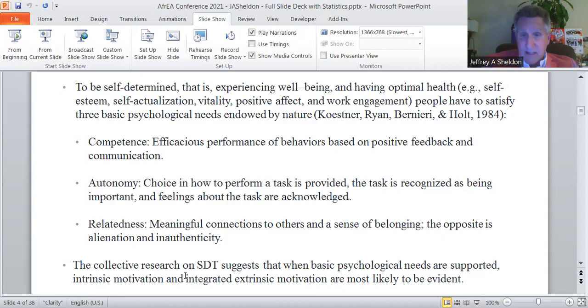But then there's also this sort of integrated extrinsic motivation, where something is outside of yourself, but you're able to take whatever is going on around you and integrate that into your own sense of self-motivation. It's very similar to intrinsic motivation, but you're doing something that maybe someone else wants you to do, but you wouldn't necessarily do on your own.